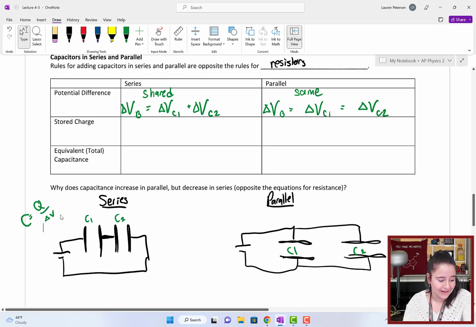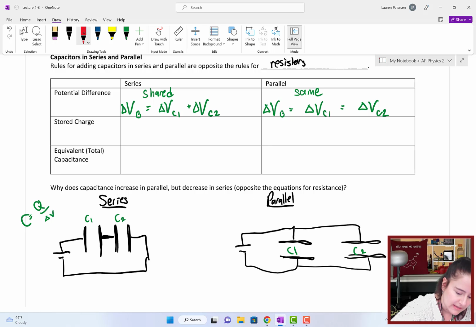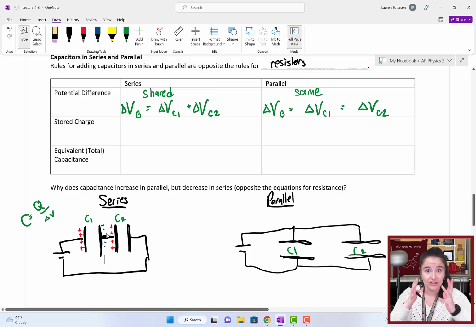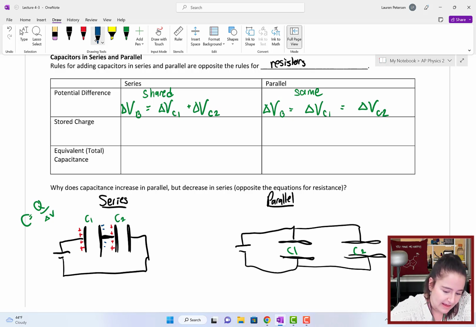And it's not going to be the full charge of all of it, because you can picture that as this charge builds up here, it is causing the charge to build up here, which is causing it to build up here. There's nothing in between that would change the relationship between those charges. So they end up being the same on all of the plates.